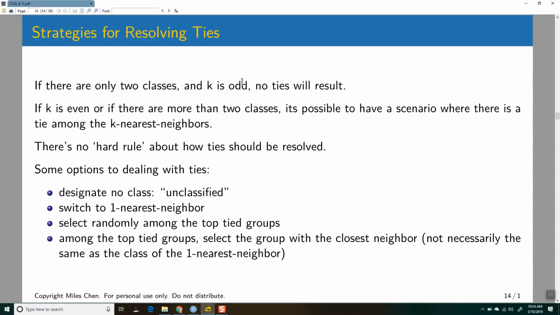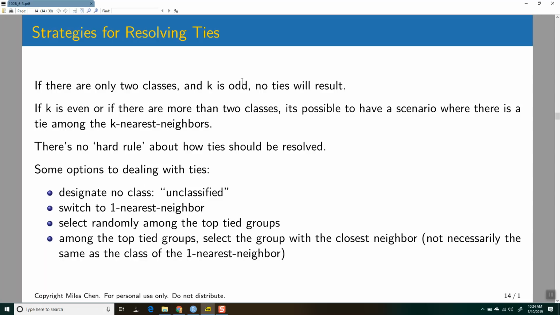It's only if you land exactly on the halfway point between two classes, which is a very low probability, so switching to the one nearest neighbor will generally result in no ties. Or you can select randomly among the top tied groups.